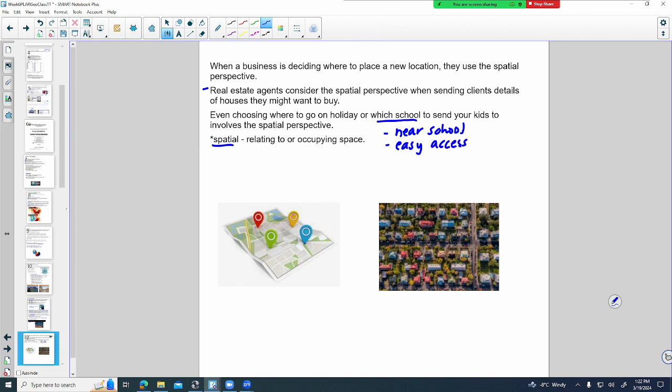So for example, if your family did not have a vehicle, or you want to be closer to your work, so easy access to either services or transportation. Okay, so all those things are important.